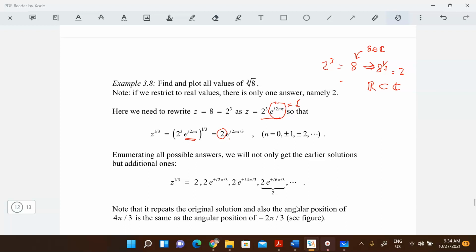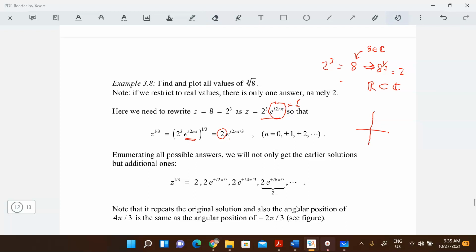Normally we start with n equals 0, and then this is just 1. But if I put n equals 1, then I have 2 pi over 3. Let's recall where that is. This is 0, this is pi over 2.